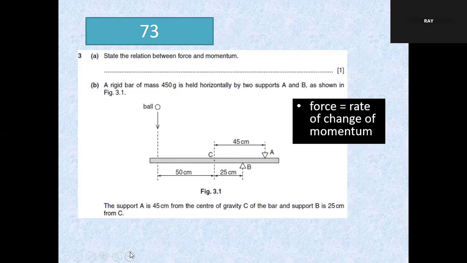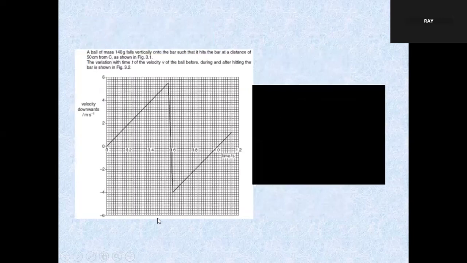Oh, yeah. A rigid bar of 460 grams is held horizontally by two supports A and B, shown in figure 3.1. The support A is 45 cm from the center of gravity C of the bar, and support B is 25 cm from C. Right?